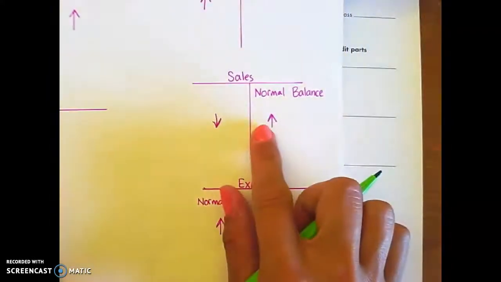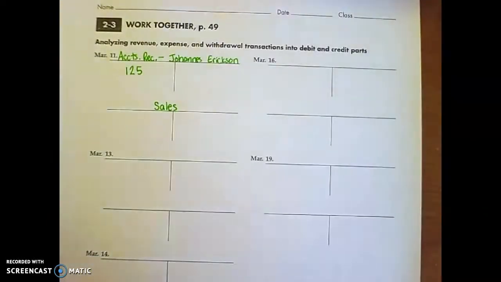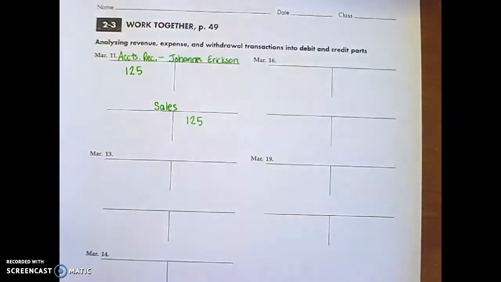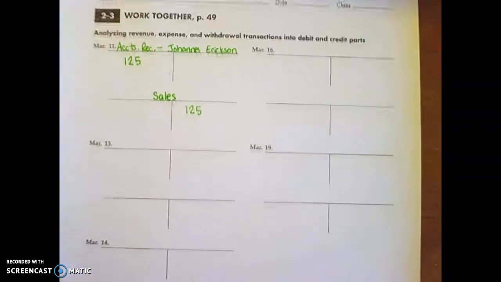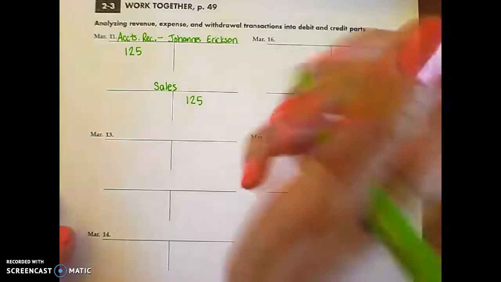Now sales is a revenue account. Sales has a normal balance of a credit, so to increase sales we will need to give it a credit of $125. Our next one on the 13th, we received cash from sales, $260.